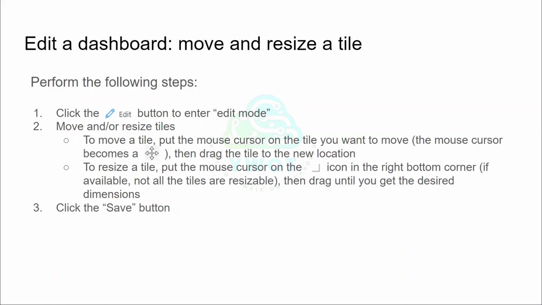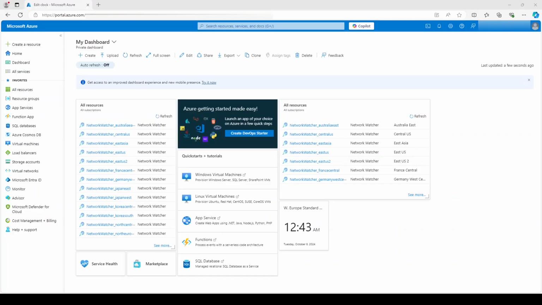To resize a tile, we need to put the mouse cursor on the right bottom corner until the mouse icon becomes like this icon. And then we need to drag until we get the desired dimensions. Please note that not all the tiles are resizable. And finally, we need to click the Save button.